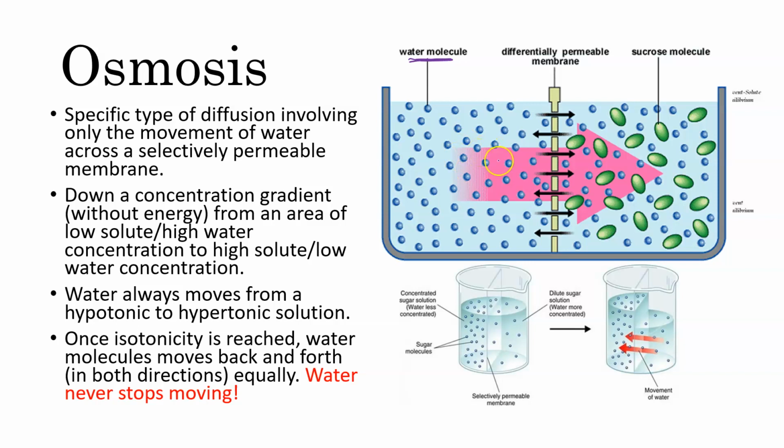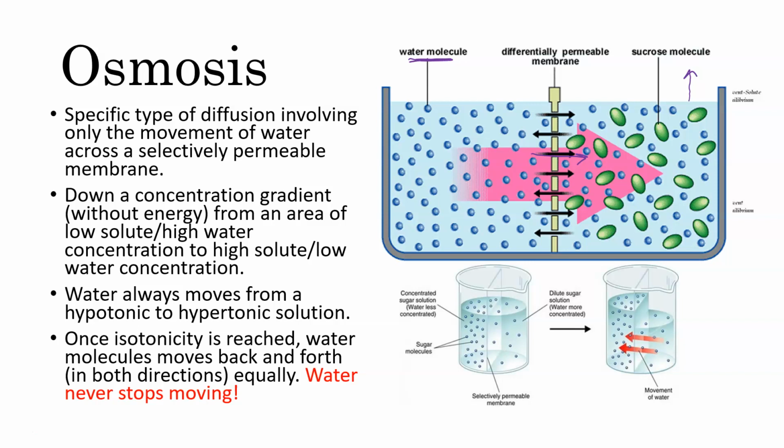And so these water molecules are going to just naturally diffuse from where they are high concentrated to where they are low concentrated. As the water molecules move in this direction, more of these water molecules are going to come this way and are going to therefore cause this water level to rise, therefore diluting out the solute that is in this side in order to try to equal out both sides.